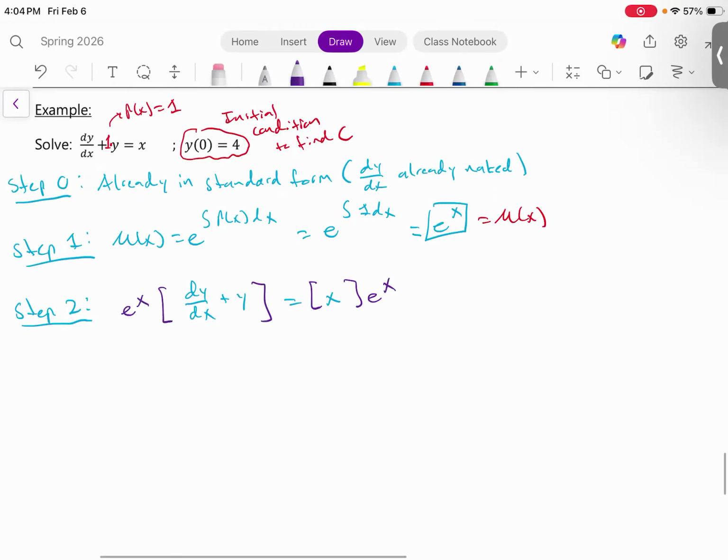And if we distribute this in, what we get is e to the x times dy over dx plus e to the x times y equals x e to the x.